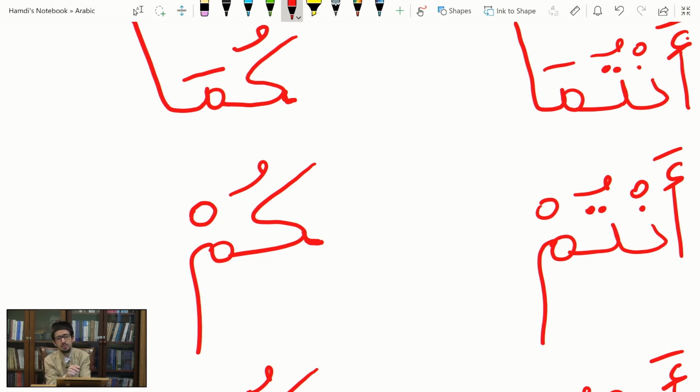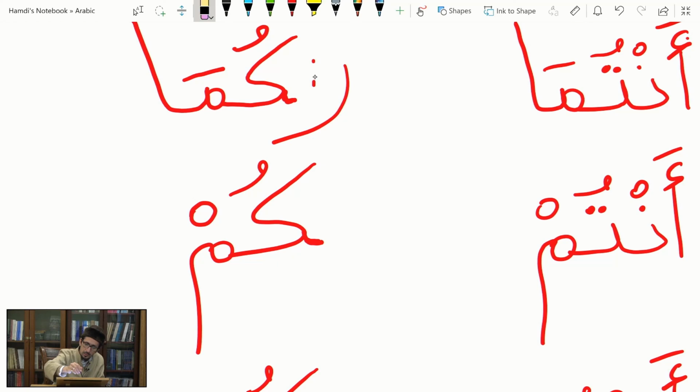If the letter that comes before it is a disconnector, yeah, it is attached. There is no space, but it doesn't have to be connected to the letter. If the letter before it is ra, you're not going to connect the ra. The letter will be like this, rakuma. Or the letter before it is alif, rakuma, bushrakuma.